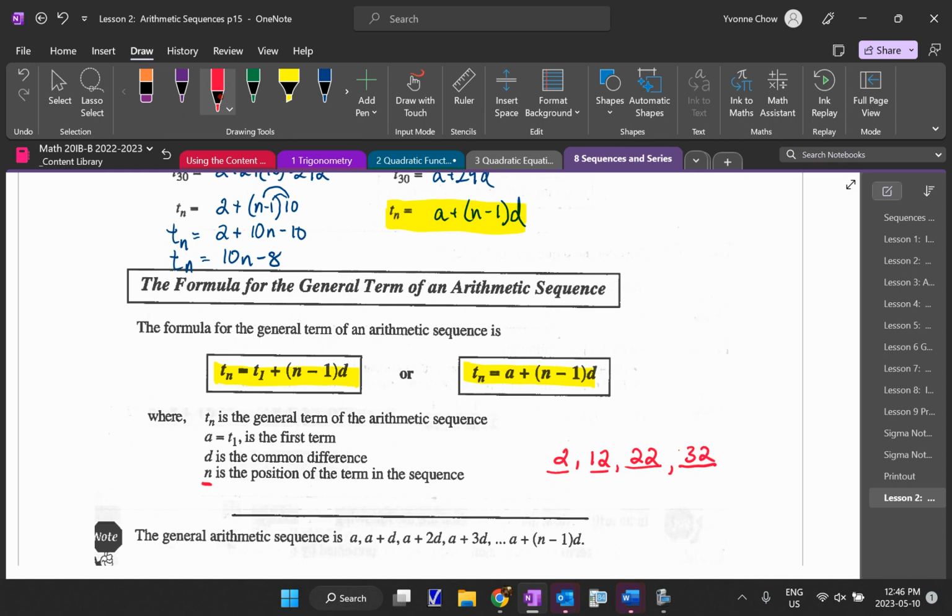So 32 is in the fourth spot, so n is equal to 4. 32 represents the value of the term in the fourth spot. So Tn is the general term of the arithmetic sequence, or T4 is the term value.